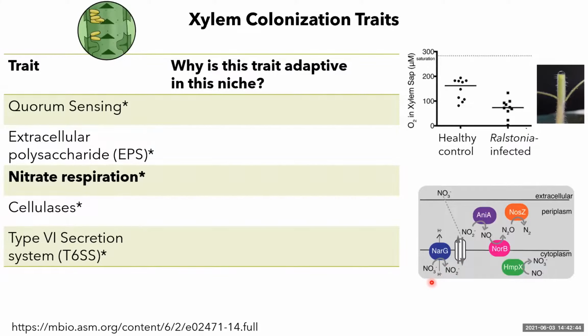And so it's a facultative anaerobe, and it can also breathe nitrate and use nitrate as its electron acceptor. And so it's able to convert nitrate all the way down to dinitrogen gas and use this to power ATP generation.